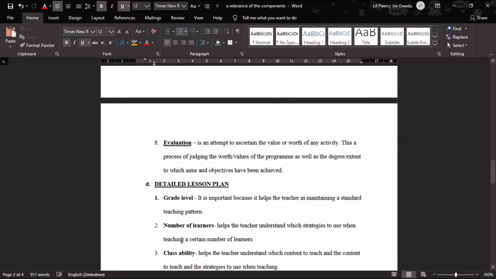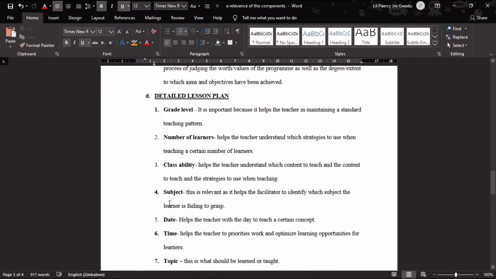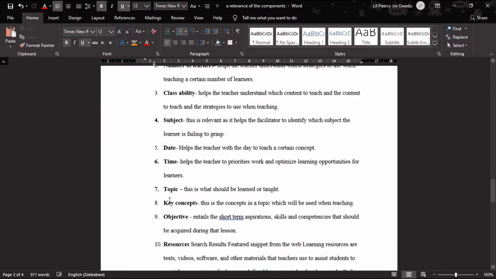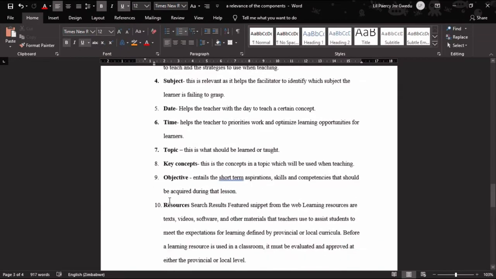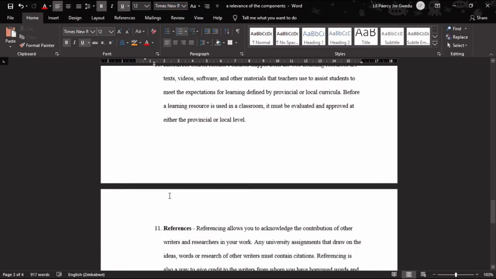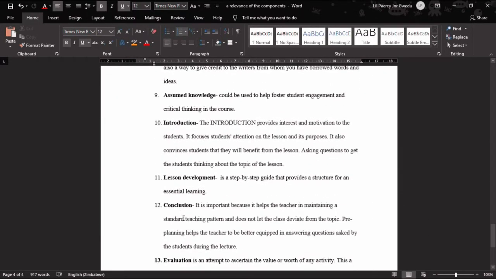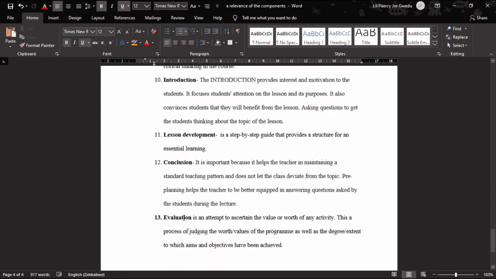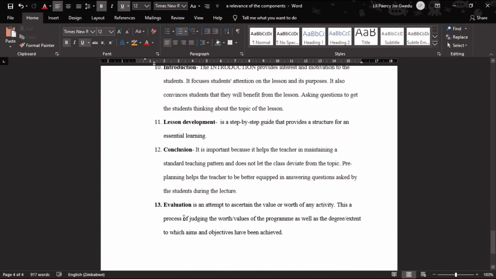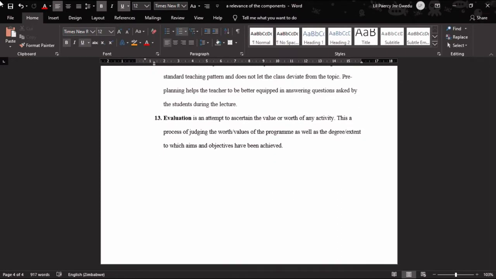Then we go on to D, the detailed lesson plan: the grade level, number of learners, class ability, subject, date, time, topic, key concept, objective, and then resources, references, assumed knowledge, the introduction of the lesson, development, step 1 to infinity, conclusion, evaluation. Then we close this one.